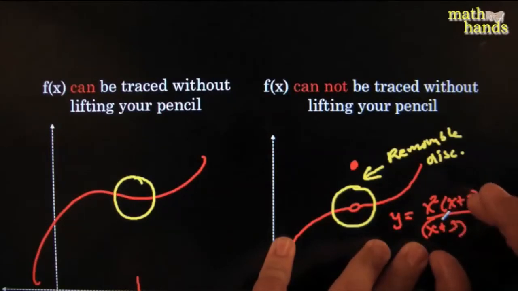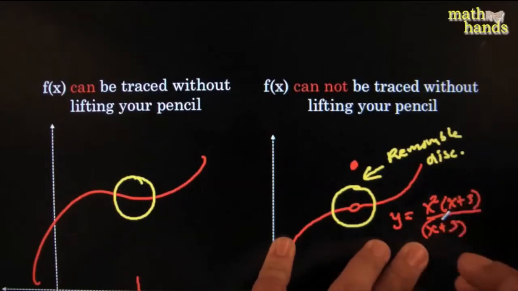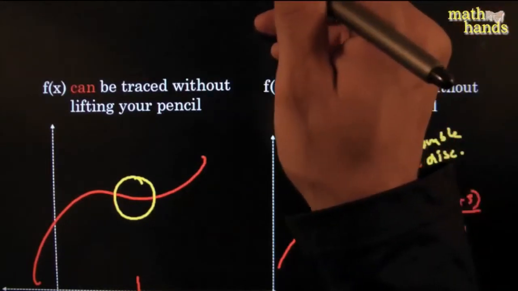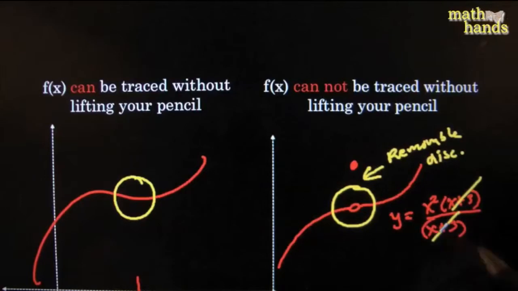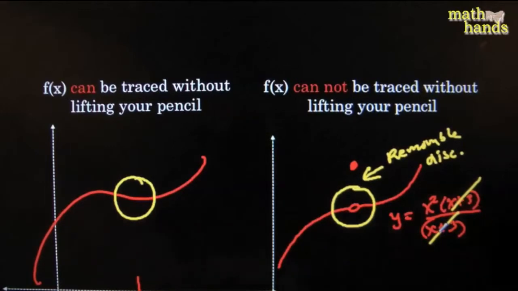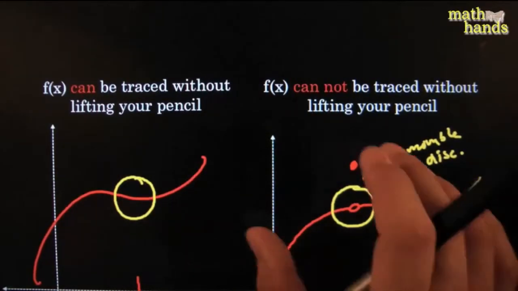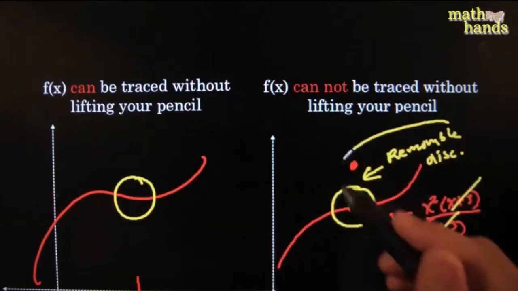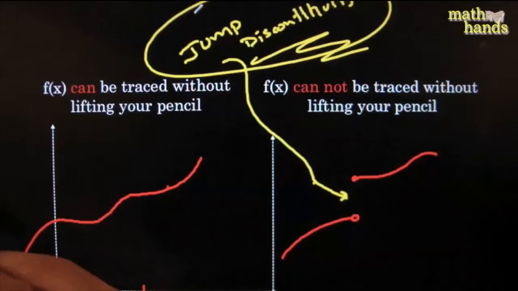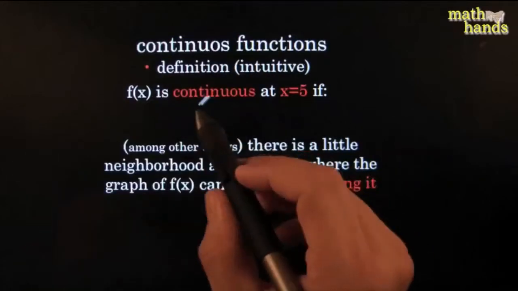Y is equal to, say, x squared times x plus 3 all over x plus 3, where really this function just looks like x squared. Except at the point where x is equal to negative 3, you have an undefined function. You try to plug in and you get 0 over 0, which is not defined, so you inevitably have a hole on that function.